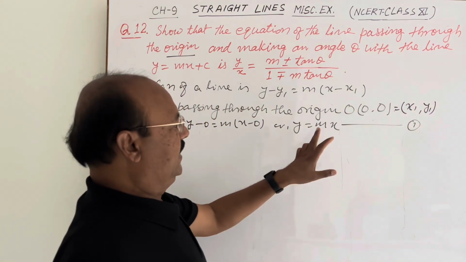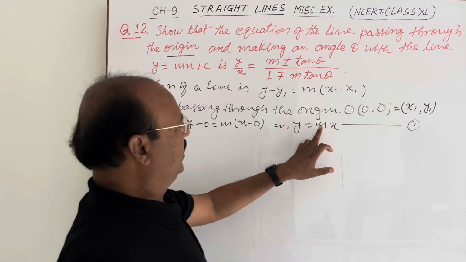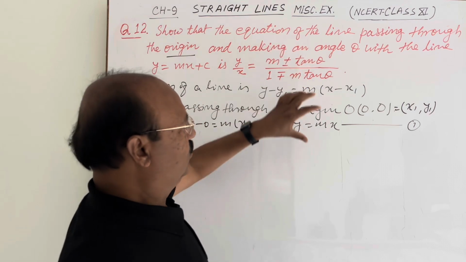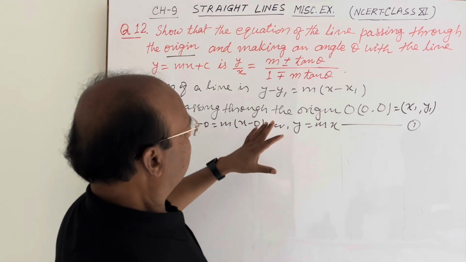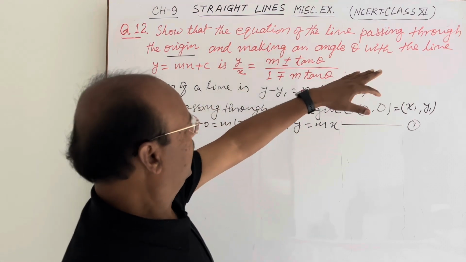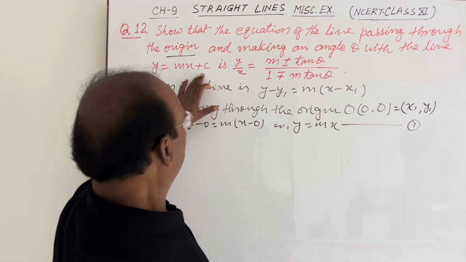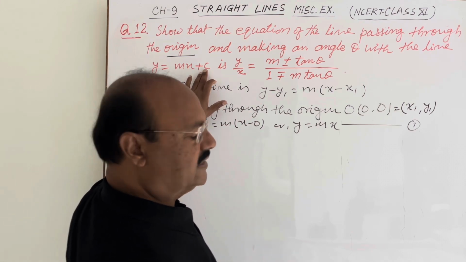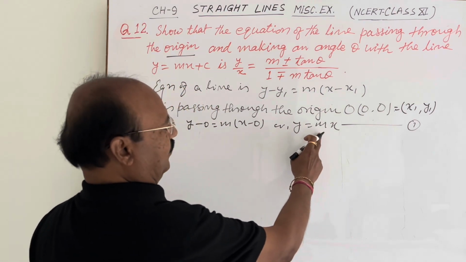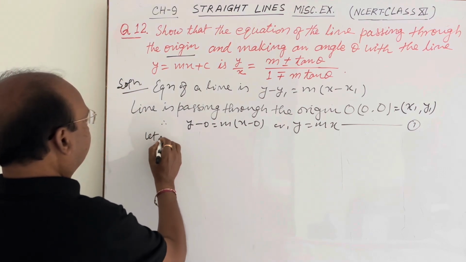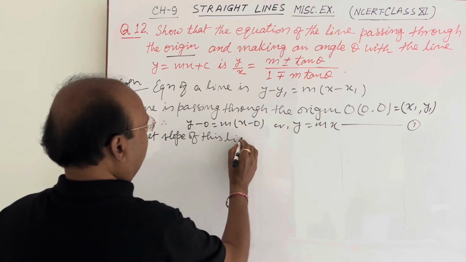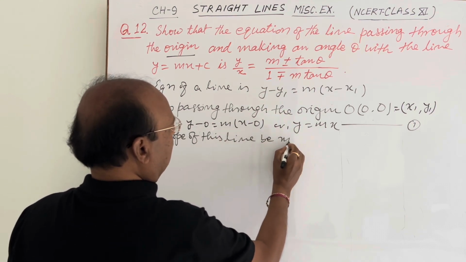Now we need to find the value of m, and putting the value of m here, we will get this result. And how to get the value of m? For that, it is given that this line 1 makes an angle of theta with the line y is equal to mx plus c. So we will find the slope of this line. Let the slope of this line be m1.